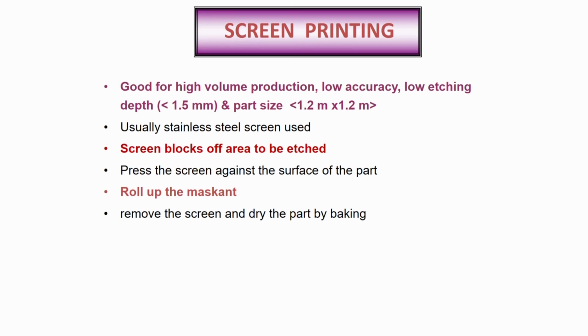It gives low accuracy, low etching depth, less than 1.5 millimeter, and part size generally less than 1.2 meter. Within this range, the workpiece size is there. Usually a stainless steel screen is used. The screen blocks the area not to be etched. Press the screen against the surface of the part and roll up the maskant.